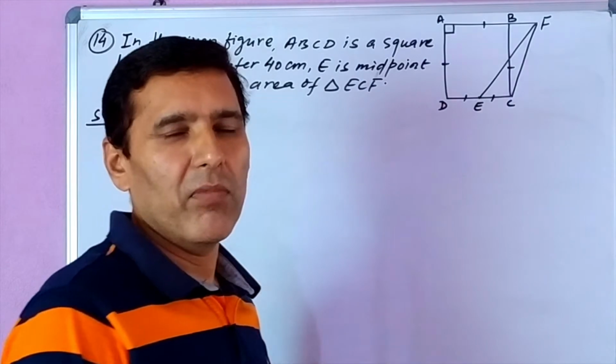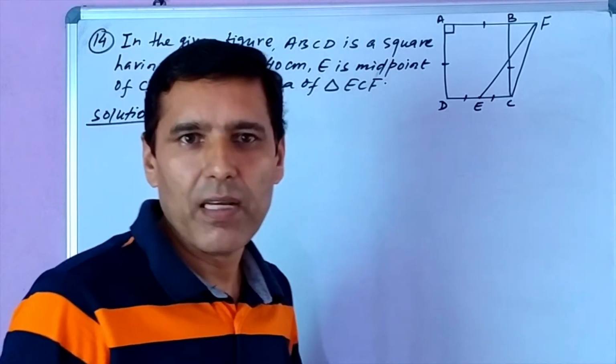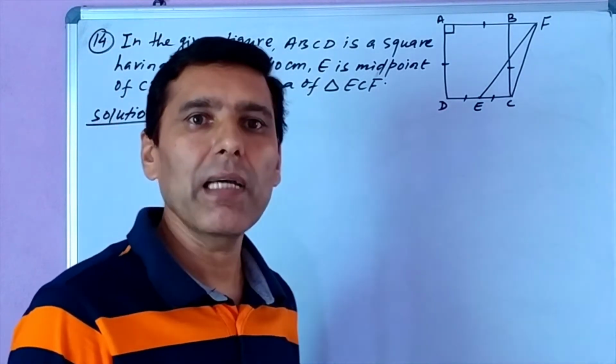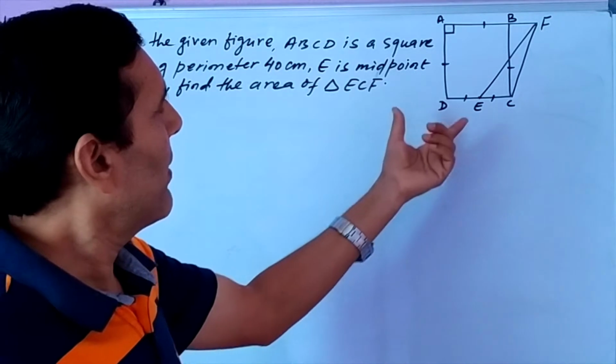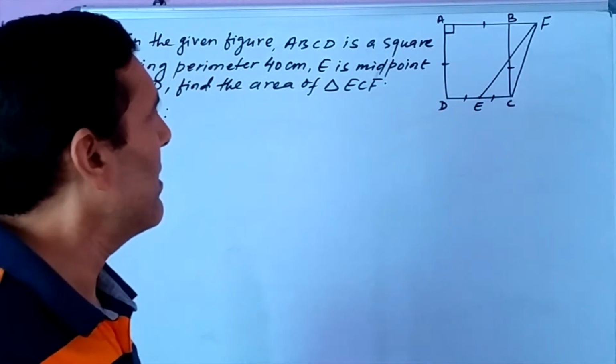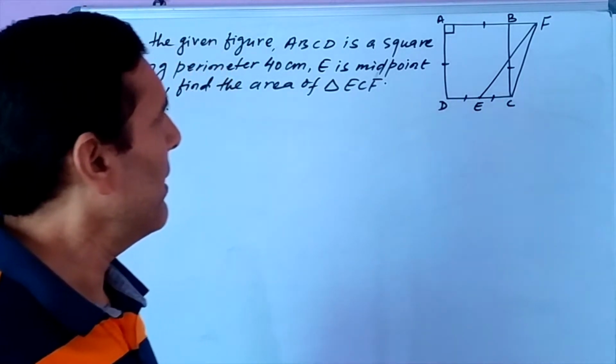When perimeter is given, we can find the side of square. After having the side, we can have its area. Area of square is equal to square of side. And after getting the area of square ABCD, we can get the area of triangle ECF.